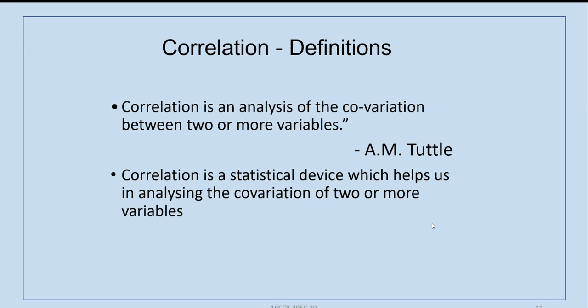And another one is that correlation is a statistical device. It is a measure. It is a tool. Correlation is a tool which helps us to analyze the variation of two or more variables, the relation between two or more variables.